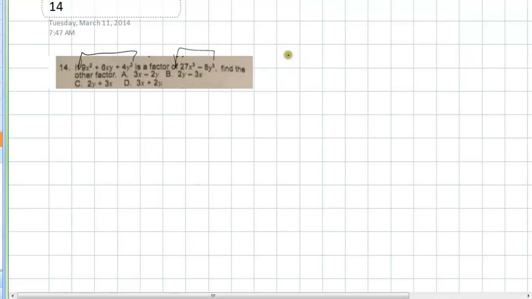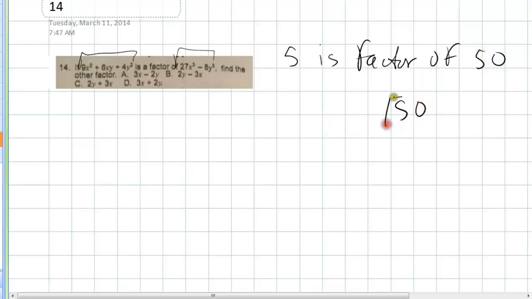If I tell you that 5 is a factor of, say, 50, what I mean is that I could take 50, divide it by 5, and I'd get 10, with no remainder, because it goes into it evenly. So when it goes into it evenly, it's a factor. 5 times 10 is 50.